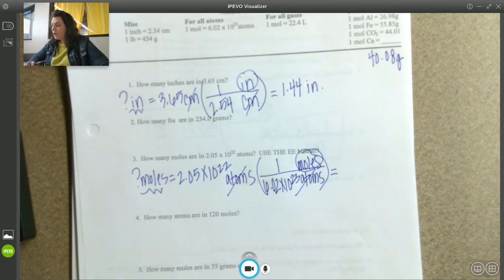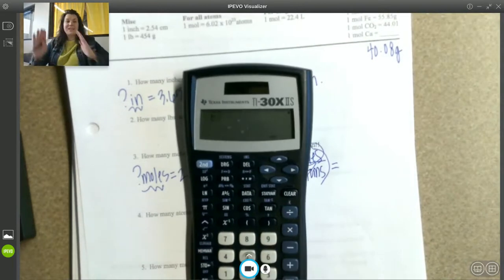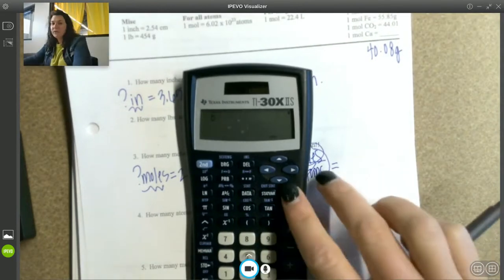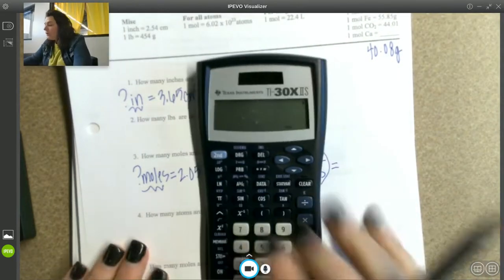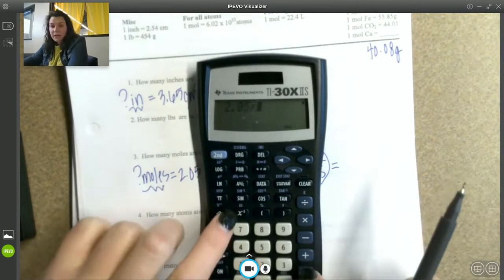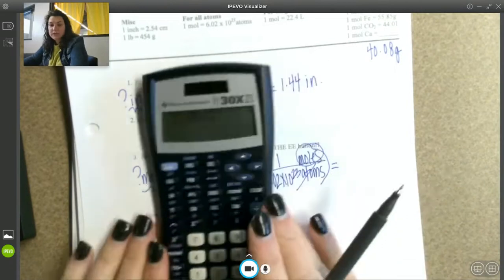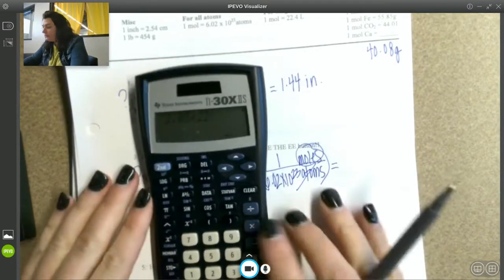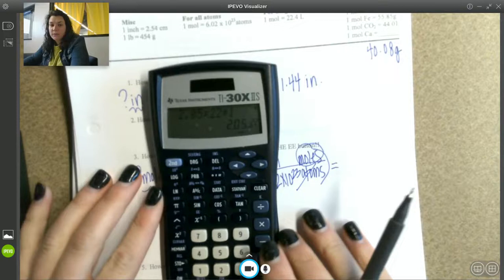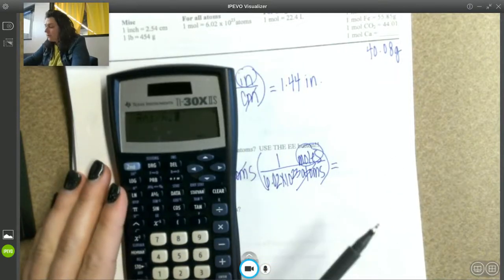So now I'm going to go 2.05, and this is really important, okay? We're not going to do times 10 caret. We're not doing that. We're doing the E. So I'm going to go 2.05 E 22 times 1 equals, which is the same, divided by that 6.02.